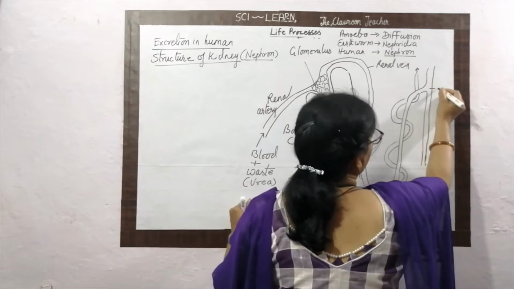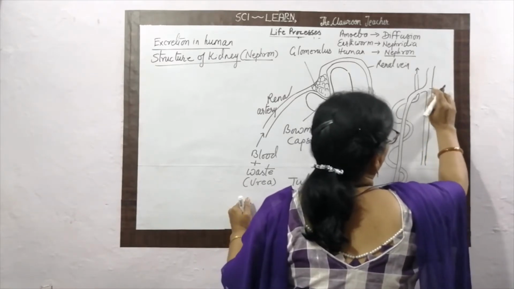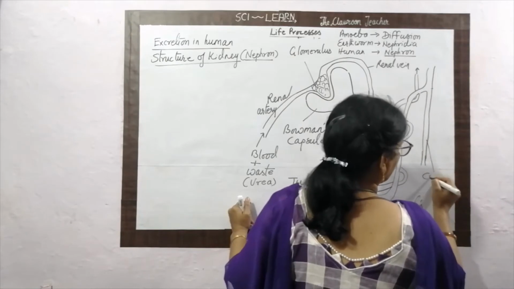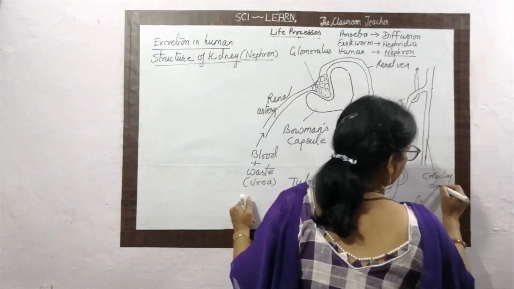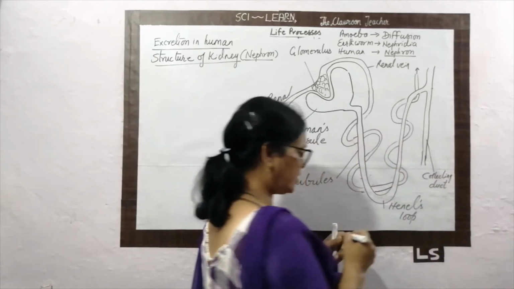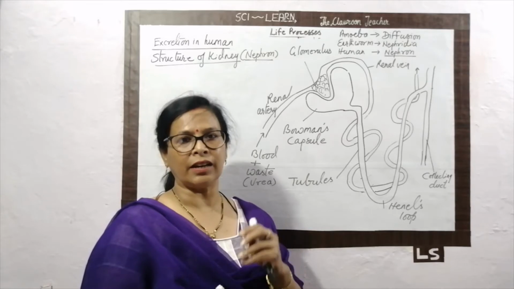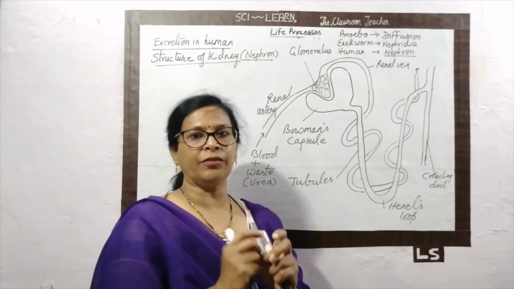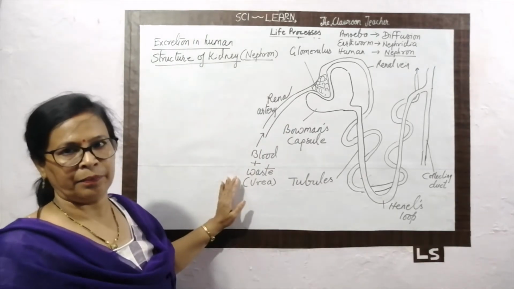It opens in the collecting duct, and the collecting duct is connected with the ureter. So this is the structure of the kidney.